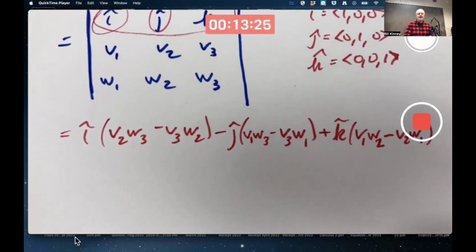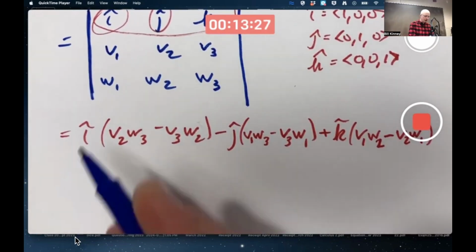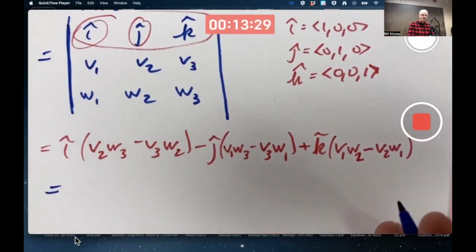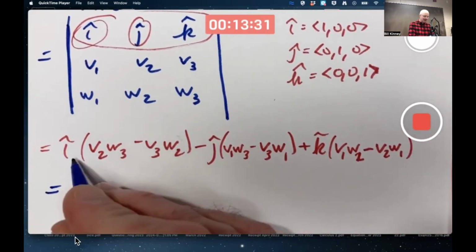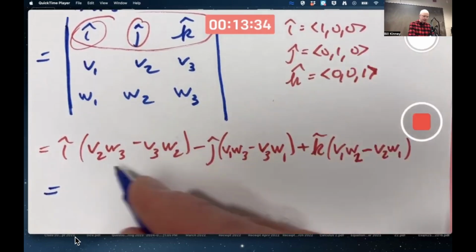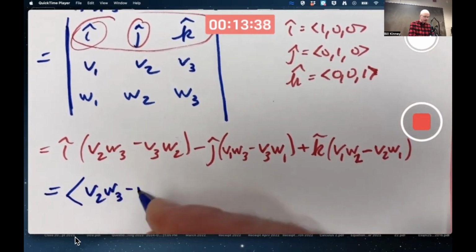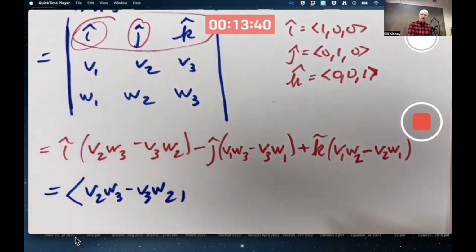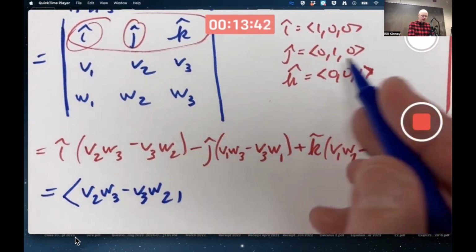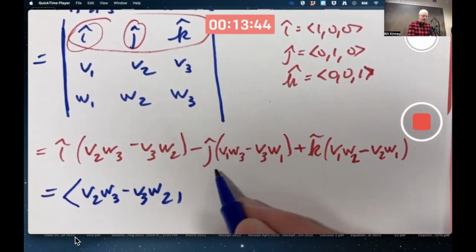The book gives you this as a formula in terms of components. I hat is 1, 0, 0. So whatever gets multiplied by the I hat is what goes in the first component. J hat is 0, 1, 0. So whatever gets multiplied by the J hat goes in the second component.